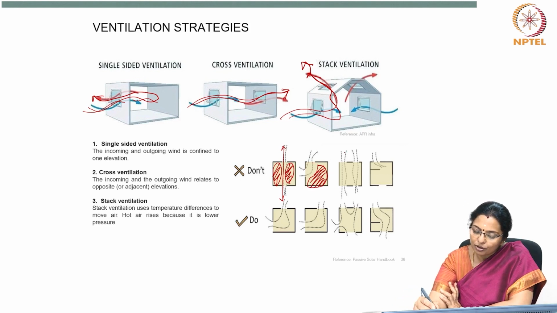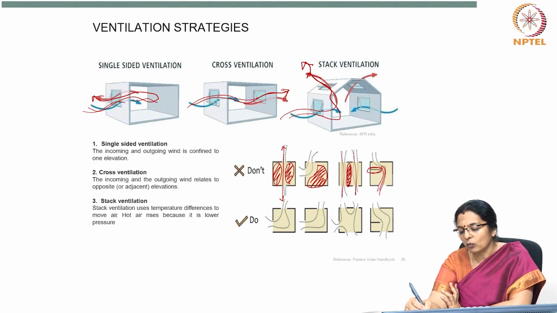You must also not have openings parallel like this, as the center part is wind shadow region, and you should not have walls like this, as they function like wing walls to divert the breeze, causing wind shadow region.